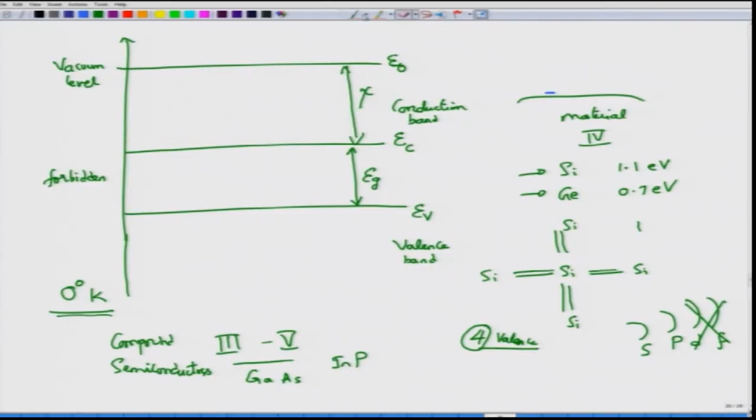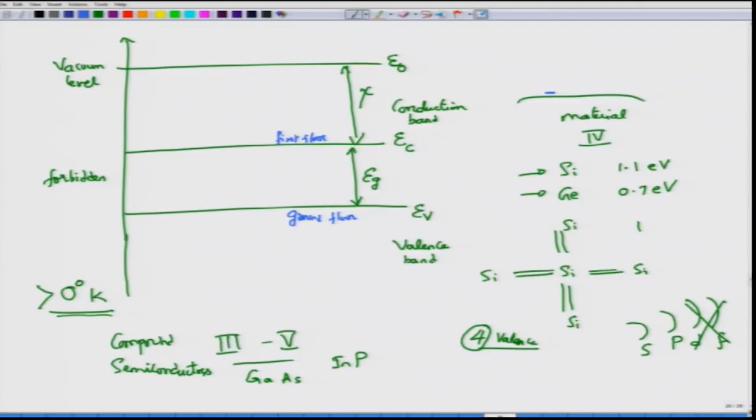Now, let us assume that the temperature is greater than 0 degree Kelvin and then see what happens. Well, we have talked about this party analogy. In that analogy we took this as the ground floor and this as the first floor, where people from the ground floor can go to the first floor, and when they do so they leave a vacant space behind, and we call this vacant space a hole.